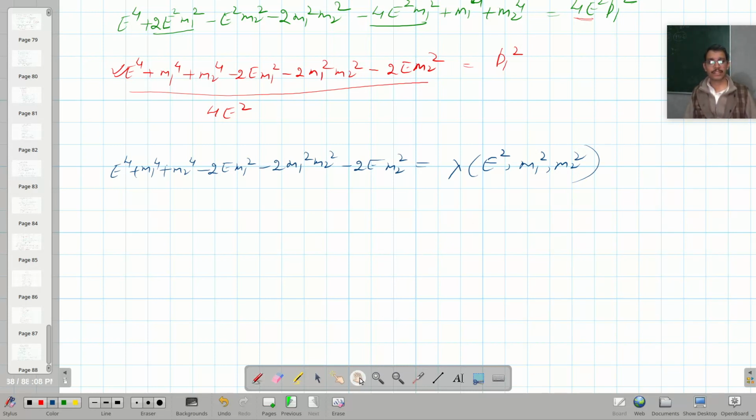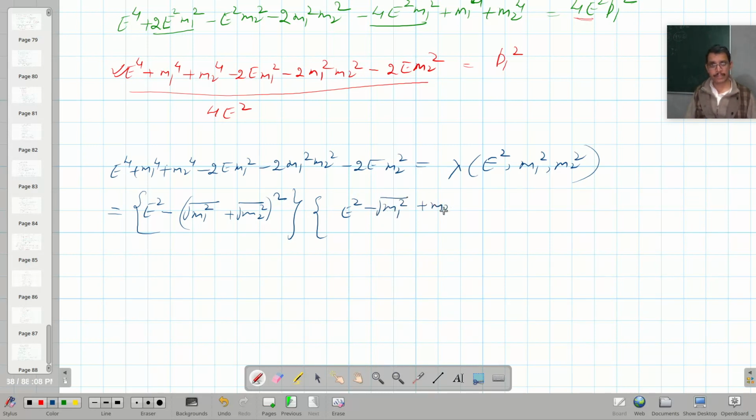and for this let us recall and this can be written like this. This is equal to e² minus m1² under the root plus m2² under the root whole square, and similarly it is equal to e² minus m1² under the root plus m2² under the root, sorry, minus will be there, and its whole square, right?